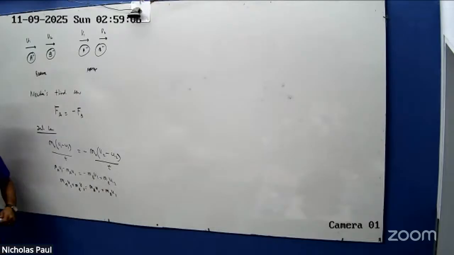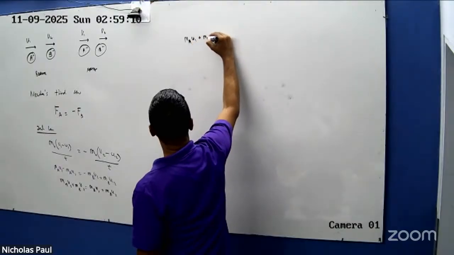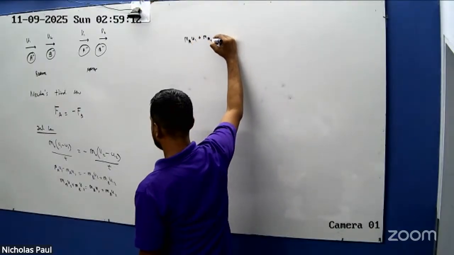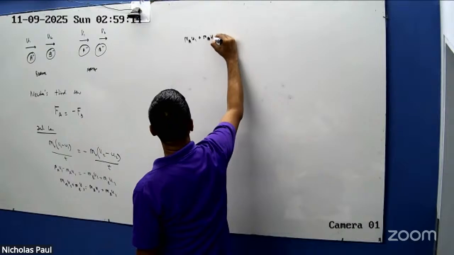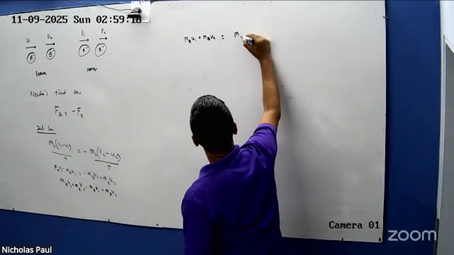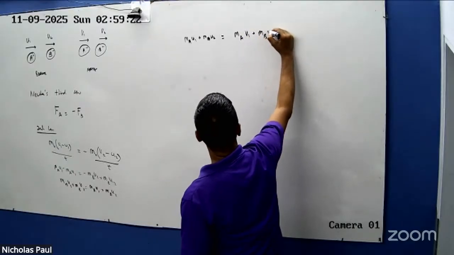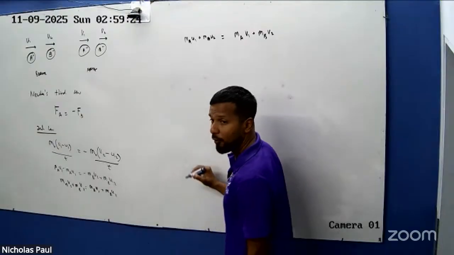Let's just switch them around. mA u1 plus mB u2 is equal to mA v1 plus mB v2. Right? What is this here?